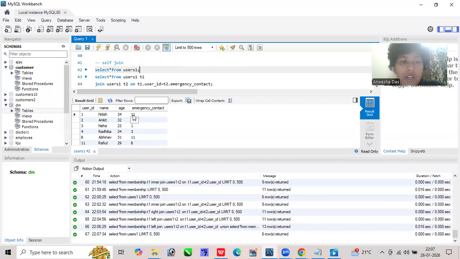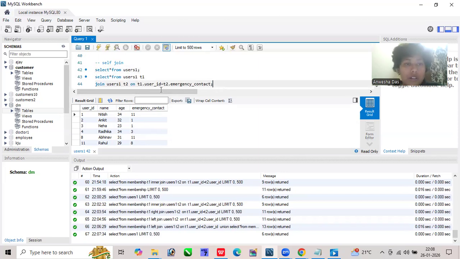Where the user ID is 11, what is the contact number? 8. Okay, so here I will try to perform the self join on the basis of user ID and emergency contact. Please try to understand carefully.